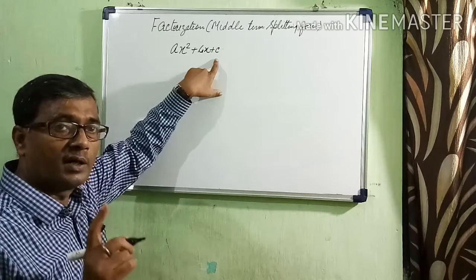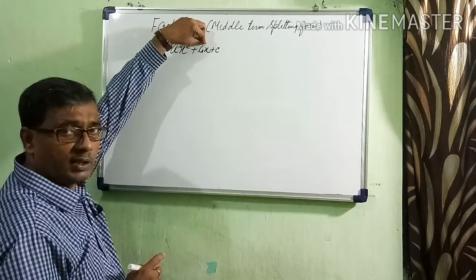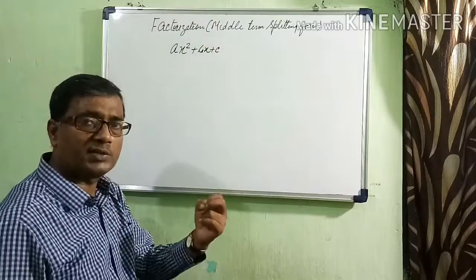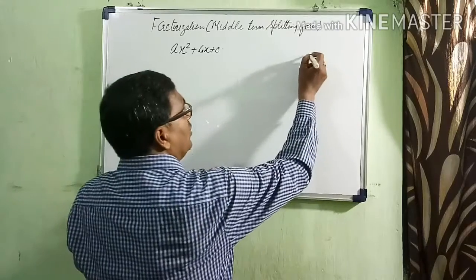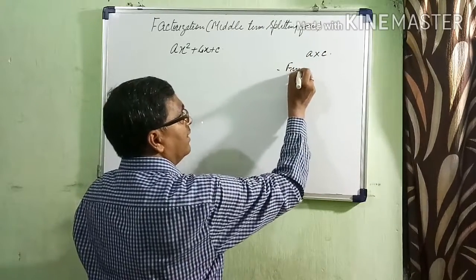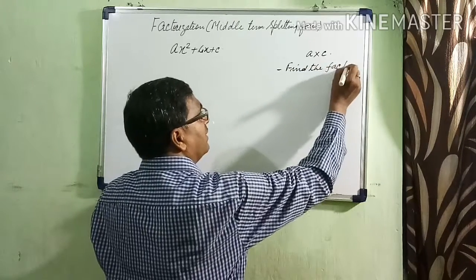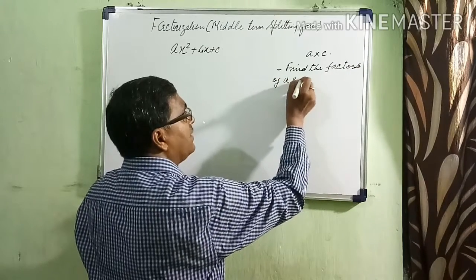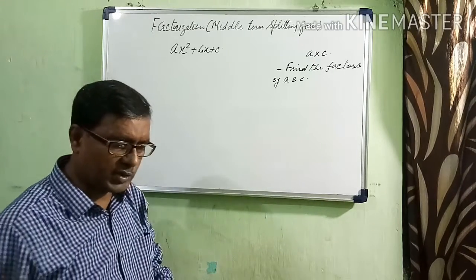Now, what is the concept behind it? B is the sum of two factors of a and c. That means you take the factors of a and c. It is possible that the factors may be more than 2.